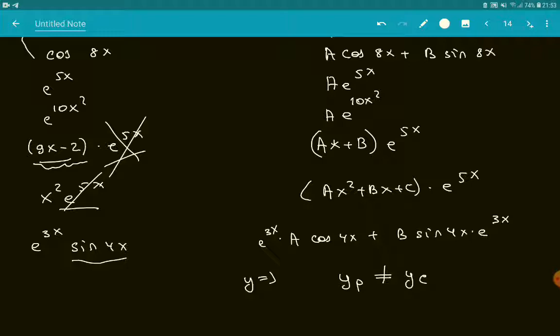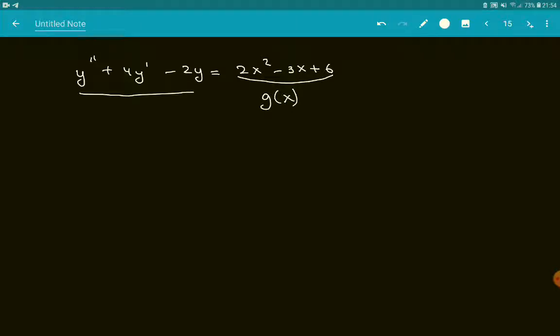Actually there are two cases which you will see in the future. Case 1: yp is not in the form of yc. The other one, case 2, is yp in the form of yc. So we will make a bit of shifts there. We will see that in a question as well.